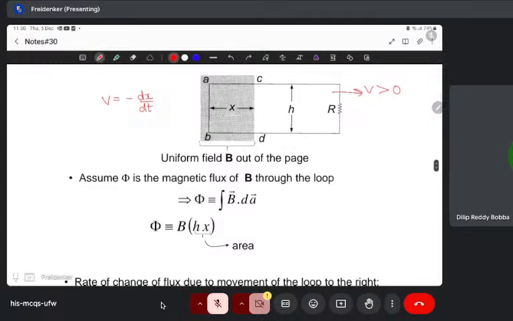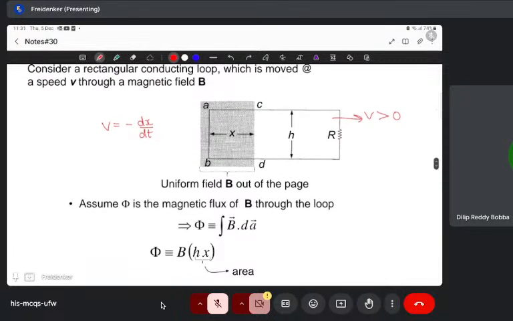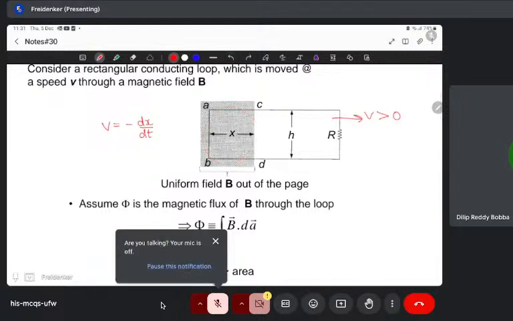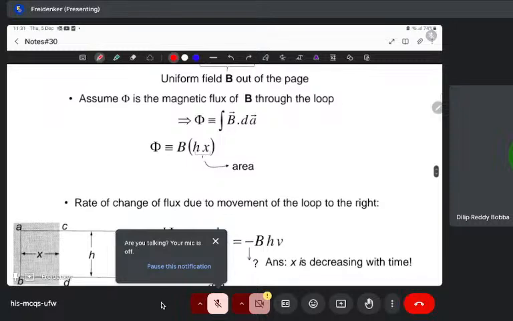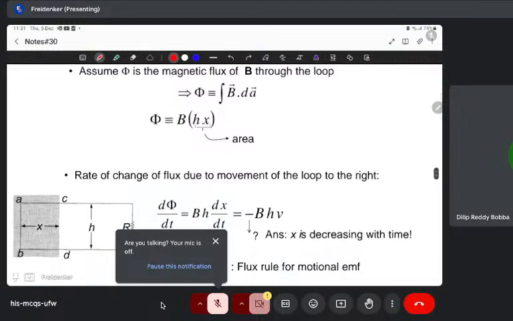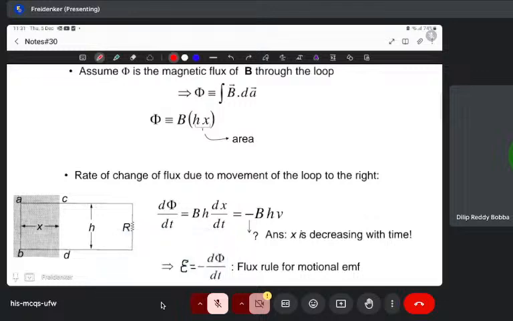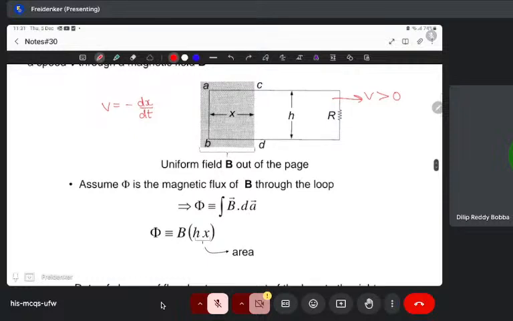So let's see. At any instant of time, flux is basically B into the area, right? Area is hx. For d phi by dt, B is constant, h is constant, so we get dx by dt. But dx by dt is minus v, because v is minus dx by dt.